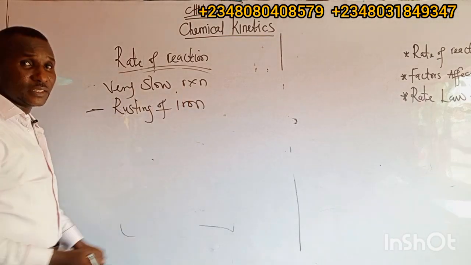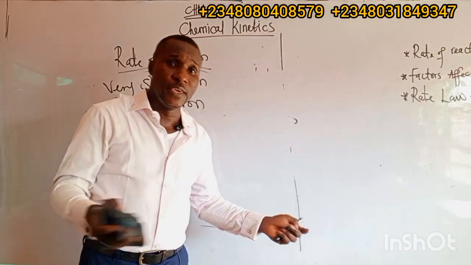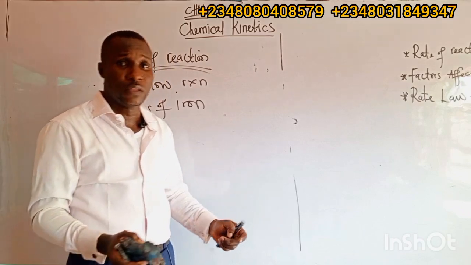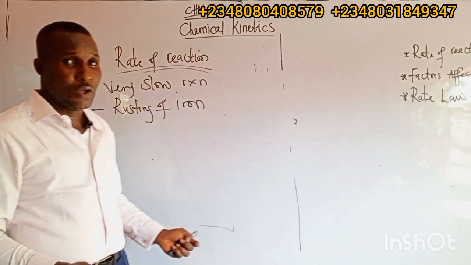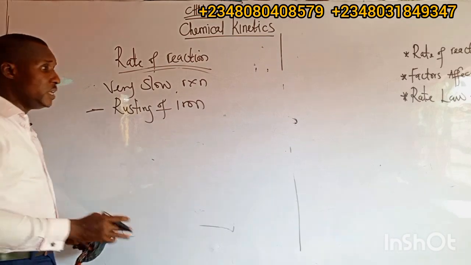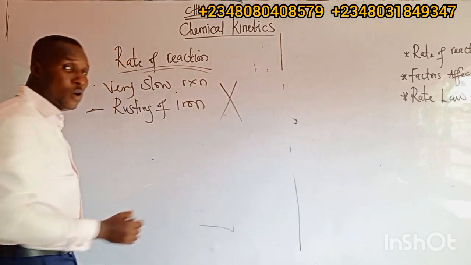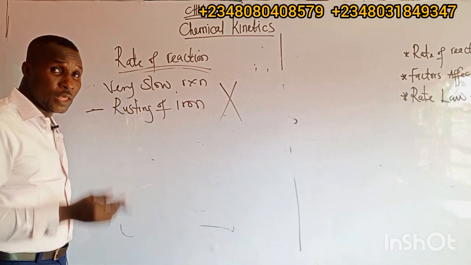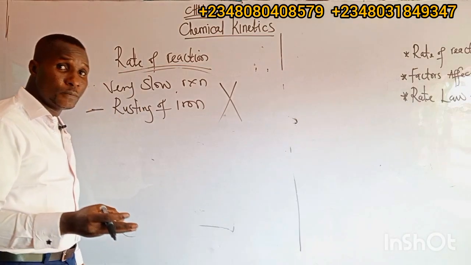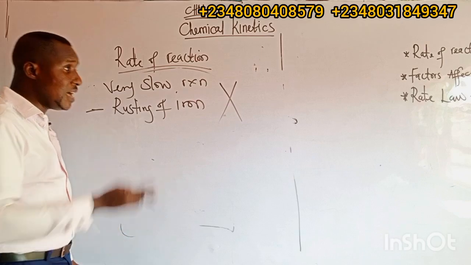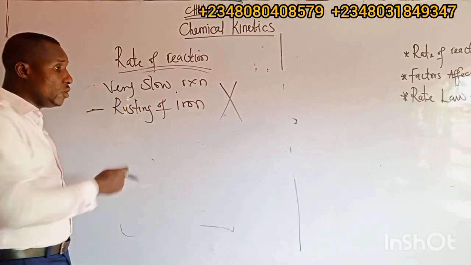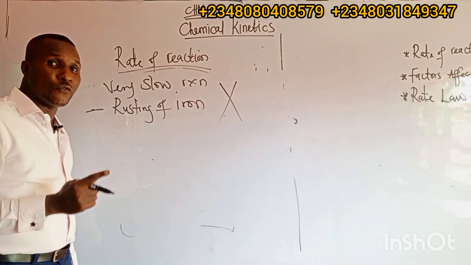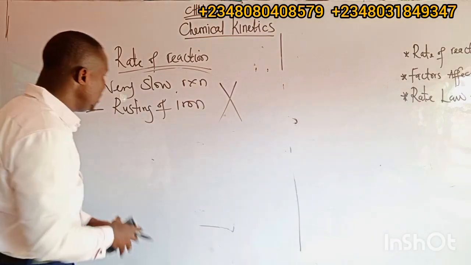Rusting of iron can take years, a year, 2 years, or even months to occur. It is a very slow reaction, and its rate can never be determined. A very fast reaction, which is an ionic reaction, and a very slow reaction, such as rusting of iron, have rates that cannot be determined.